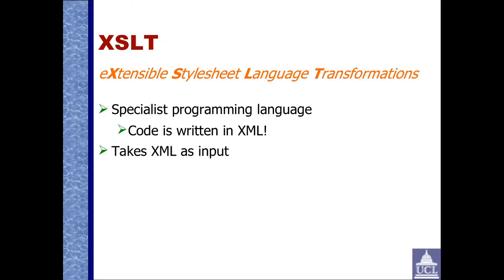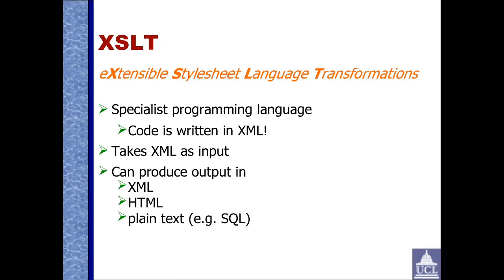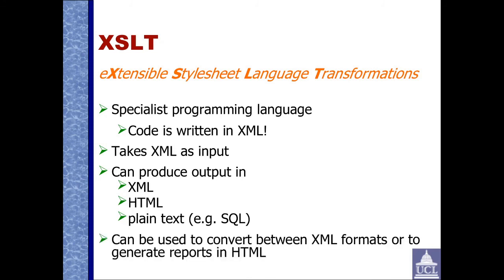It takes XML as input, and as output it can produce XML or HTML or plain text, and that really allows you to do anything. For example, generate SQL as output. So this can be used to convert between XML formats or to generate reports in HTML.